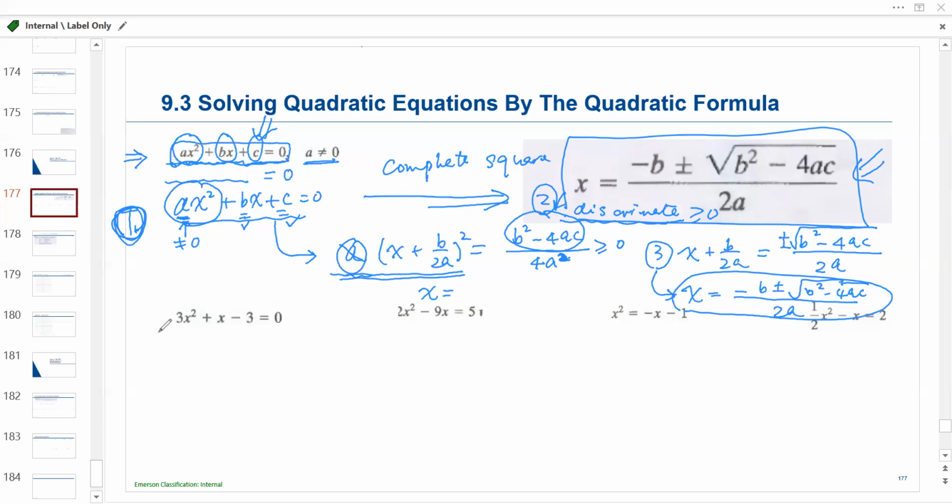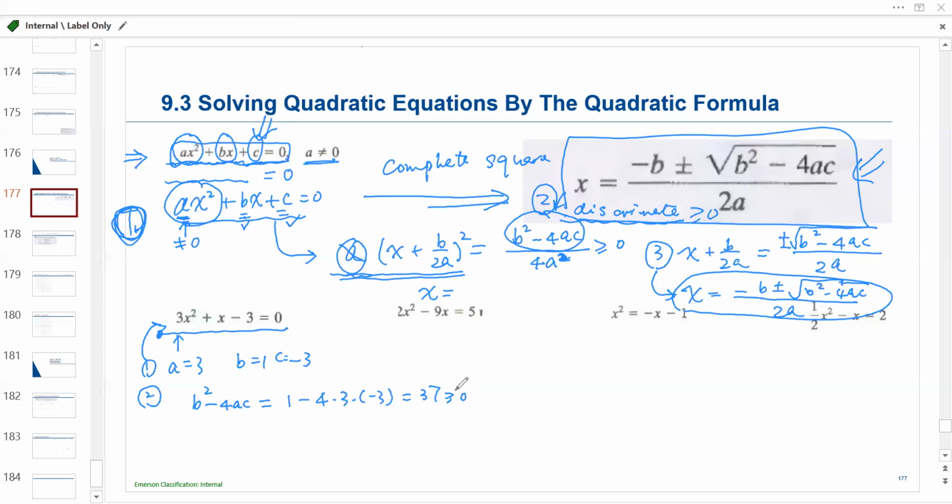Like this example, let's see the first example here. You get A is 3, B is 1, C is negative 3, right? Firstly, we find a, b, c. Second, we use the discriminant, b squared, 1, minus 4ac, so you get 1 plus 36, which is 37.